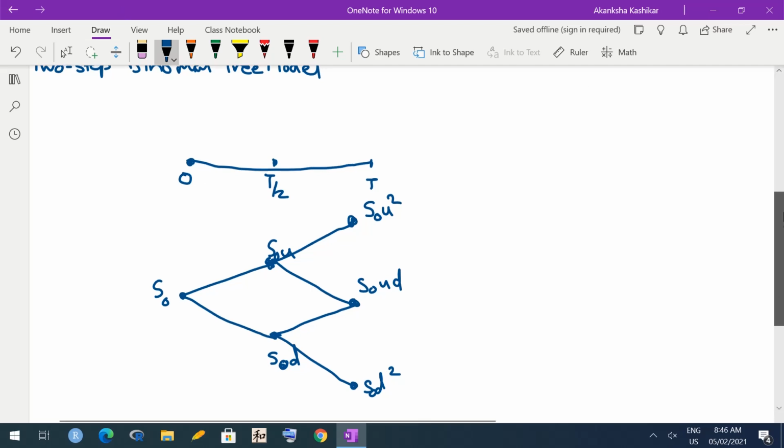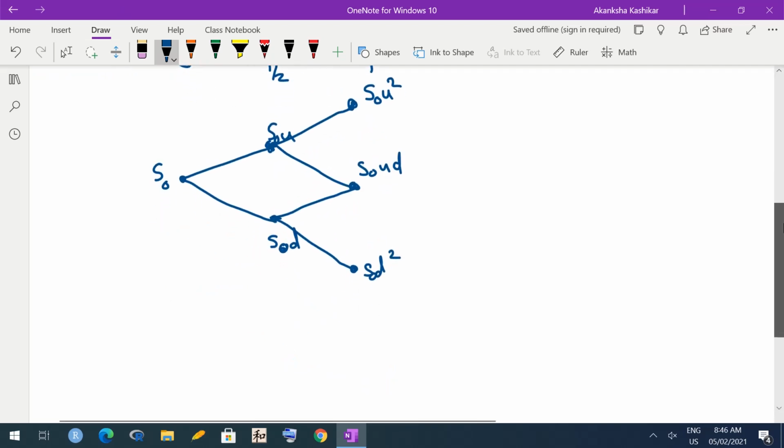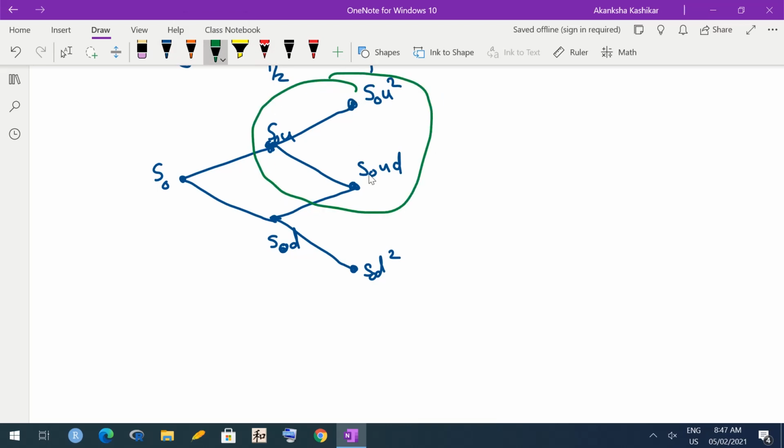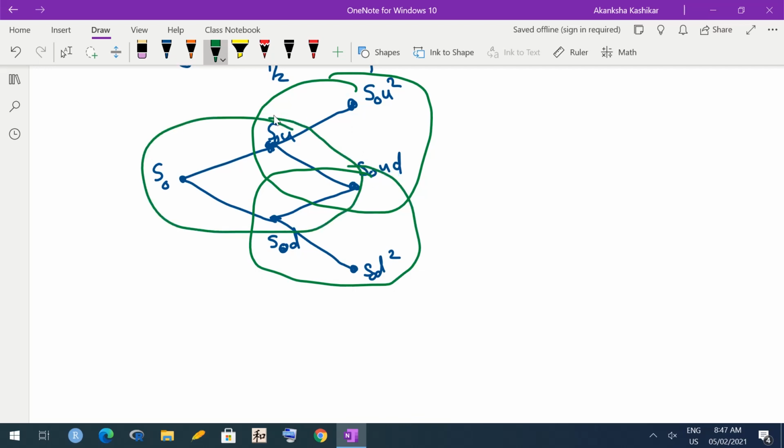So how should we proceed? How should we evaluate the price of the derivative under such a two-step binomial tree model? What we can do is we can divide this two-step tree into smaller trees. This portion can be considered as one-step tree. This is another one-step tree, and this is third one-step tree. So I have tree 1 here, then I have tree 2 here, and I have tree 3 here.